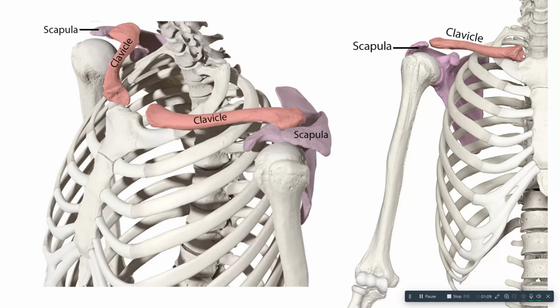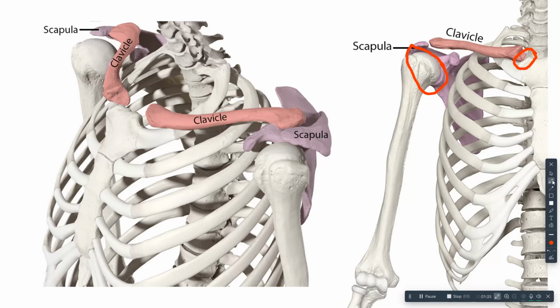Then clavicle will articulate with the sternum. So that is how this upper limb is connected to your axial skeleton. So, what's kind of crazy is it ends up being this tiny little joint here that connects the pectoral girdle to your axial skeleton, and this joint here connects the upper limb to the pectoral girdle.